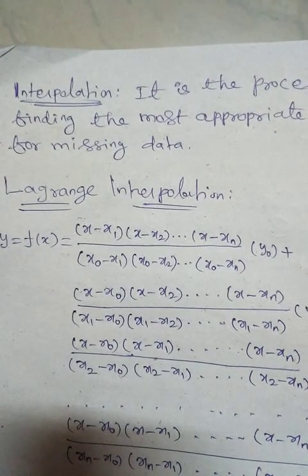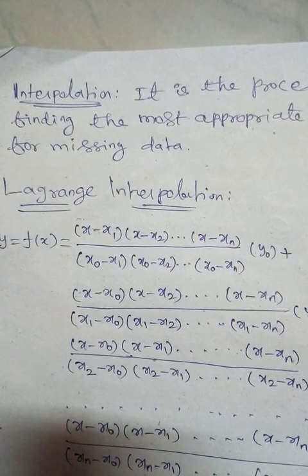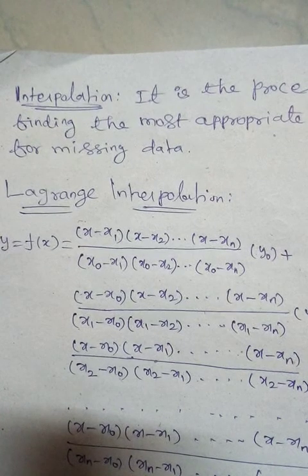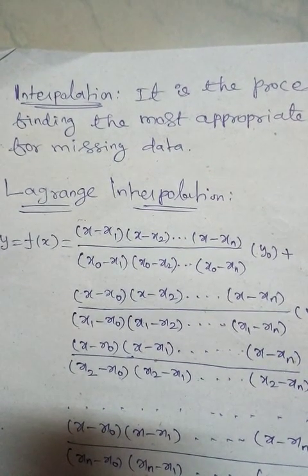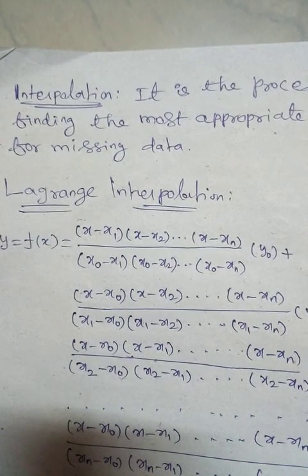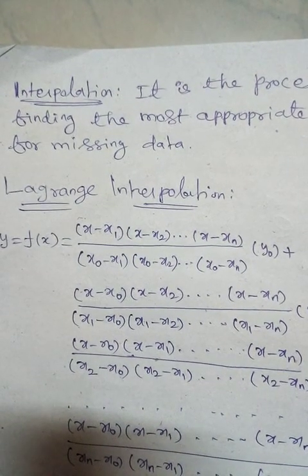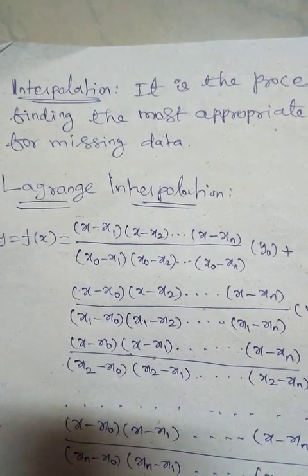So here for x, apart from the given values, they are given one value. For example, x is equal to 7 or 6. So already we have taken 5, so the next value of x is 6. So the question is, if x is equal to 6, what is y?